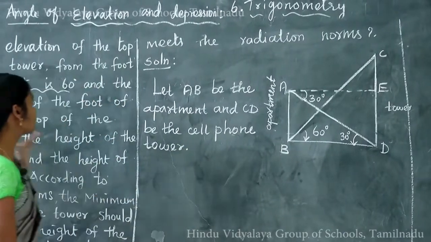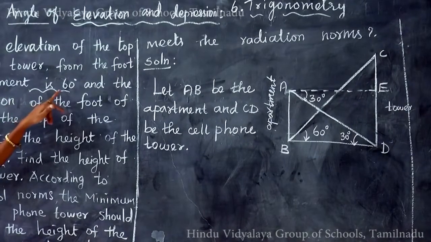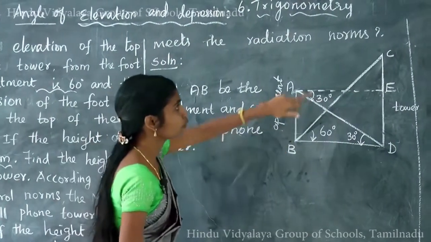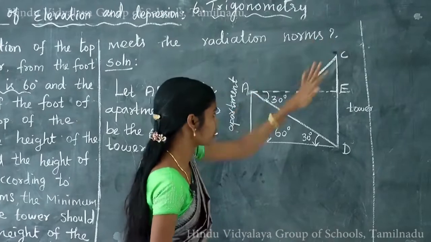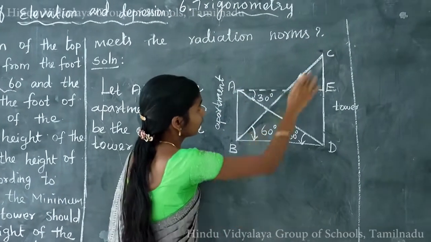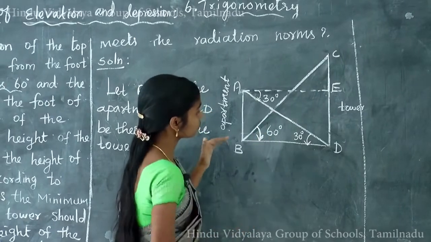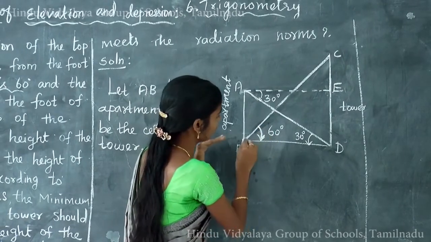Now look at the angles given in the question. The angle of elevation is 60 degree from the foot of the apartment to the top of the tower. So angle CBD is 60 degree. This is the angle of elevation.